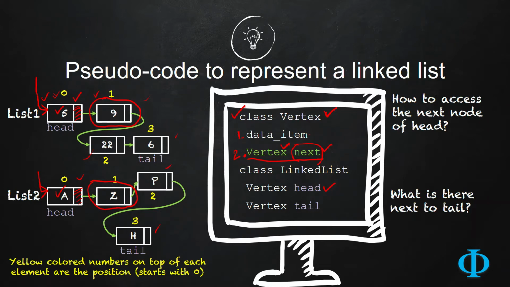So this node is very special, and in a program normally we depict it using head. Here I have created an object of the vertex class called head to represent this special first node of the list, which is represented as 0 in this linked list.